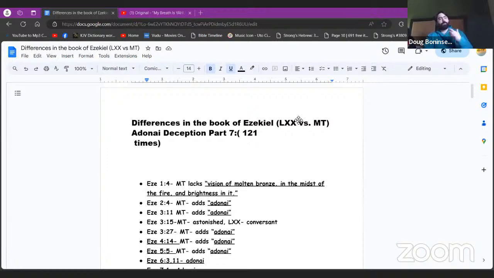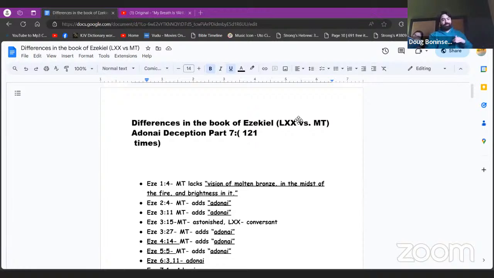And just to give a quick summary of what the Septuagint is, to put it in layman's terms, it was the Tanakh of the first century. It was the Bible that everyone used in the first century AD. Whether you were of the Pharisees or of the Nazarenes, everyone used the Septuagint.